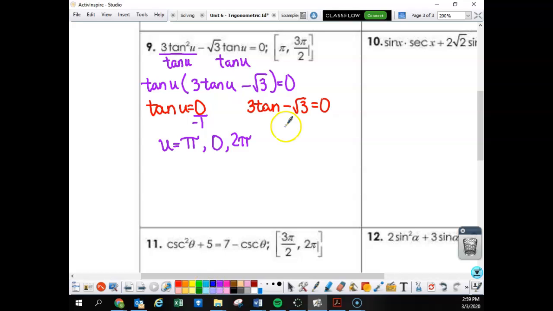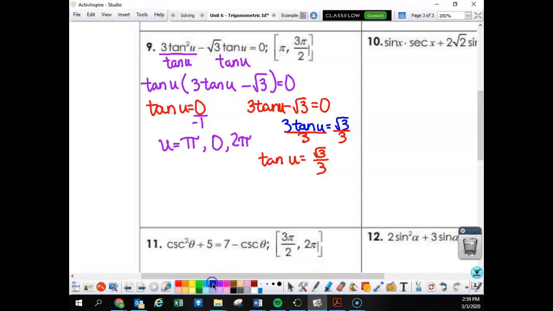Here I'm going to add the square root of 3 to the other side, so 3 tangent u, sorry, forgot that u. 3 tangent u is equal to the square root of 3. I divide by 3 on both sides. So tangent u equals the square root of 3 over 3.